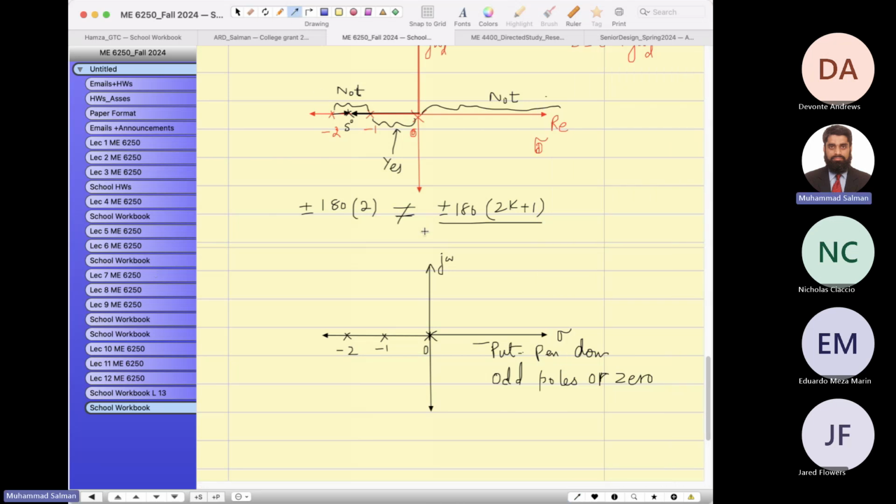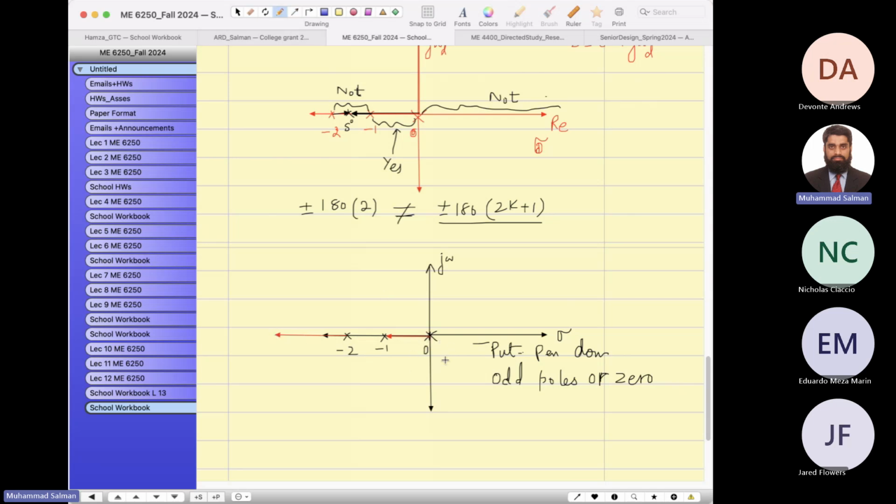When I hit the first pole, odd pole or zero, I'll put the pen down. As soon as I touch the even number pole or zero, I will lift the pen up, and then I will put the pen down again at the next odd pole or zero. So this is my root locus.